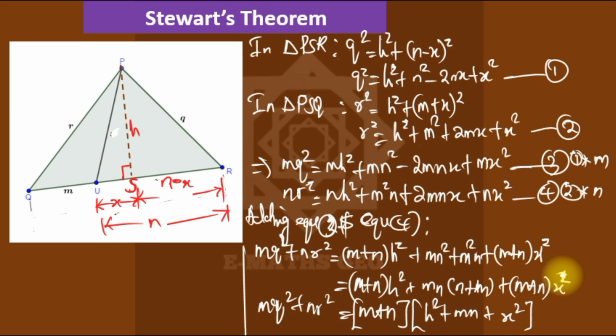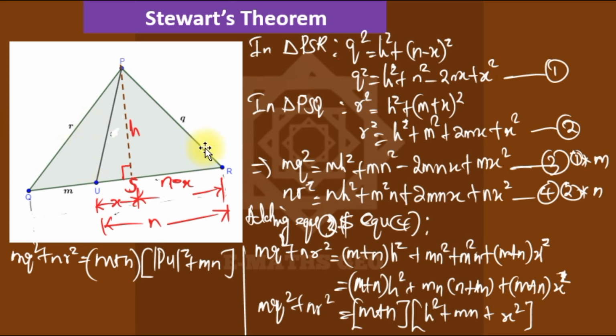Look at triangle PXU: H squared plus X squared is PU all squared by the Pythagorean theorem, the hypotenuse. So MQ squared plus NR squared equals (M plus N) times (PU squared plus MN).